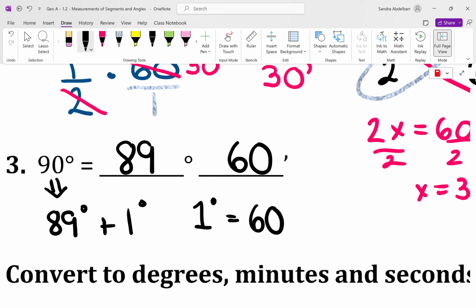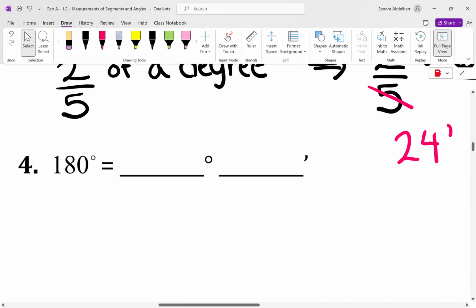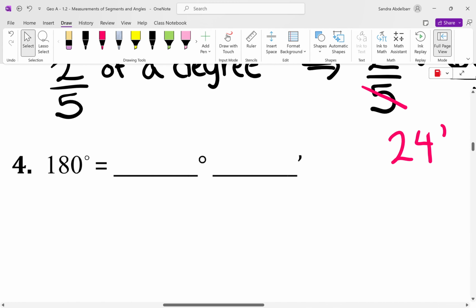All right, you all do number 4 on your own. Are we ready? 180 degrees into degrees and minutes.